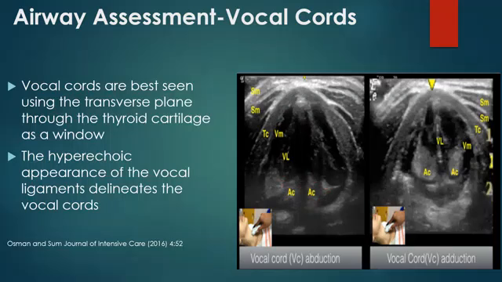My scans never really looked this good, as you'll notice momentarily. This is during abduction, during phonation, and this is going to be during adduction, when you've got your cords closed. The hyperechoic appearance of the vocal ligaments delineates the vocal cords, the vocal ligaments here and here.